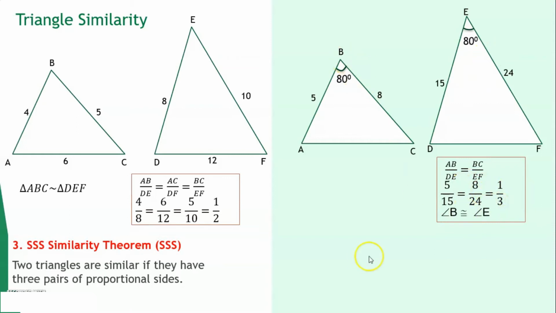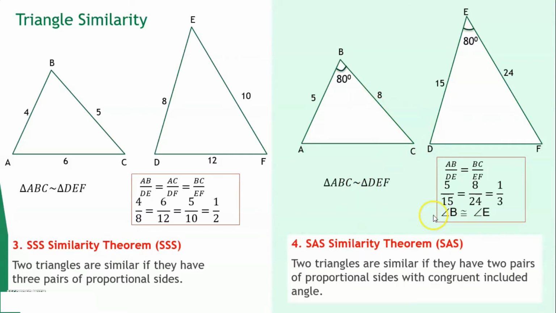And angle B and E are congruent. So it would follow that these two triangles are similar. And that is based on the SAS Similarity Theorem that states two triangles are similar if they have two pairs of proportional sides with congruent included angles. So take note, that's side, angle, and side.